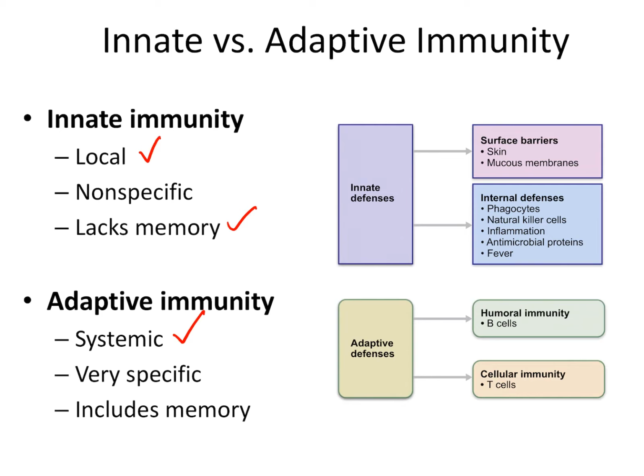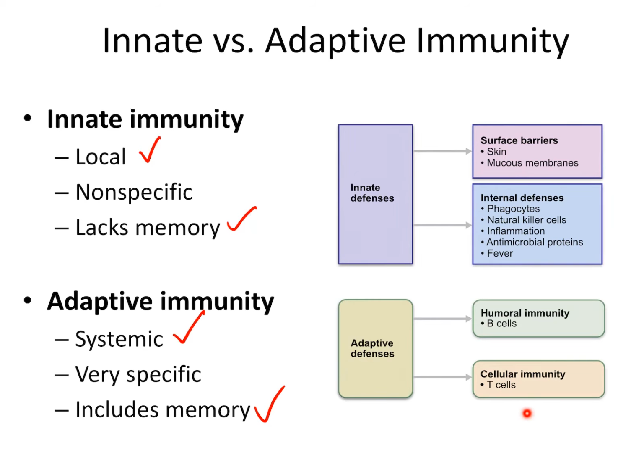Now, that is as opposed to your adaptive immune system, which is going to generate what are called memory cells that are going to allow you to mount a much, much faster immune reaction to defeat a pathogen the second time it's encountered. And so I really like this little diagram over here. I included it because I think it really breaks down the two things.